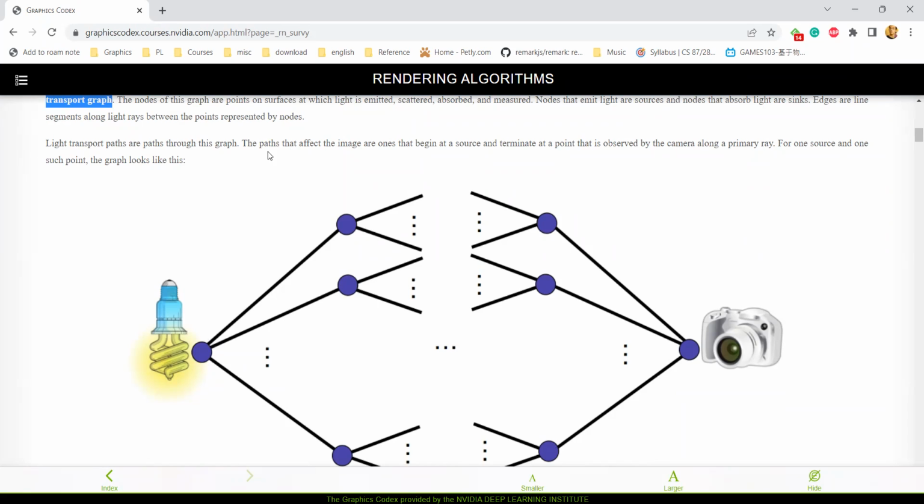The paths that affect the image are ones that begin at the source and terminate at the point that is observed by the camera along the primary ray. For one source and one such point, the graph looks like this.